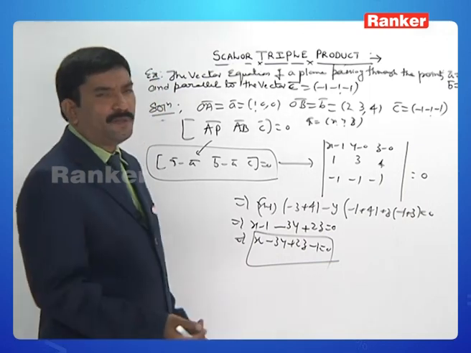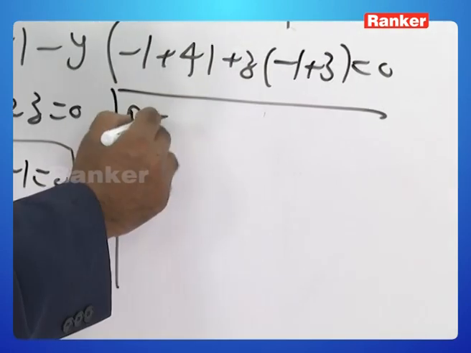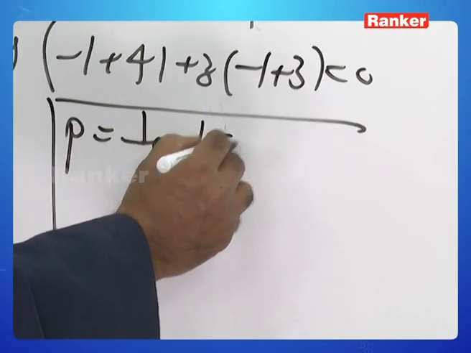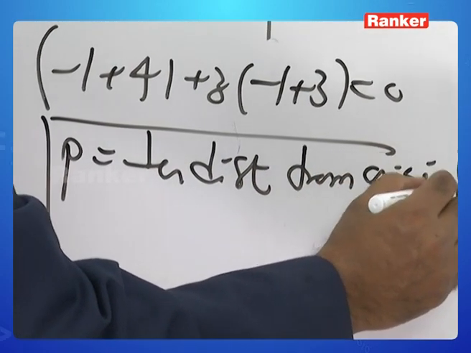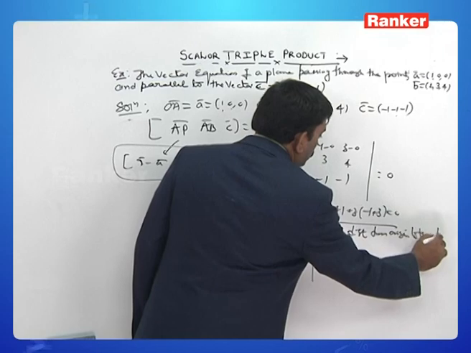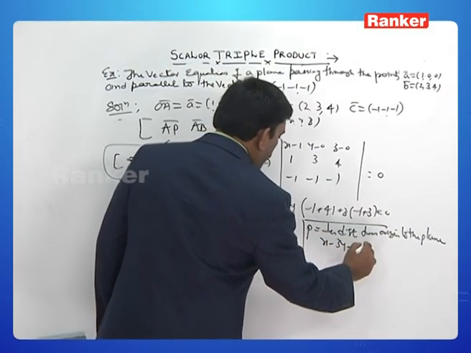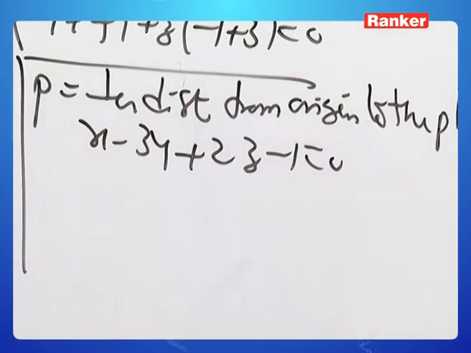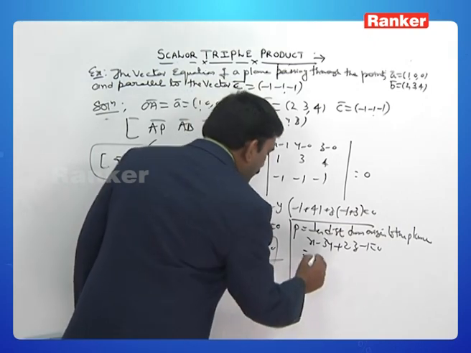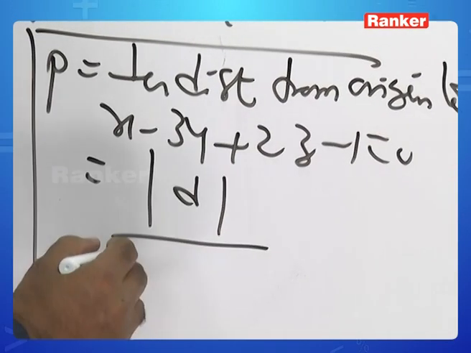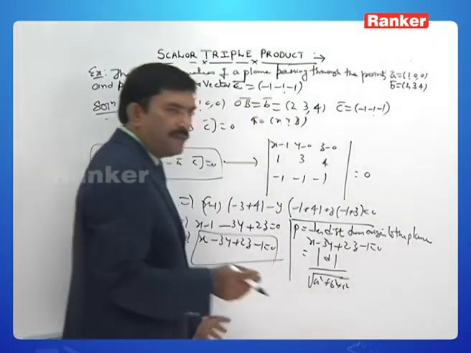If you want to find the perpendicular distance, P is the perpendicular distance from the origin to the plane. The plane is X minus 3Y plus 2Z minus 1 is equal to 0. So this is nothing but mod D by square root of A square plus B square plus C square, as I gave already.